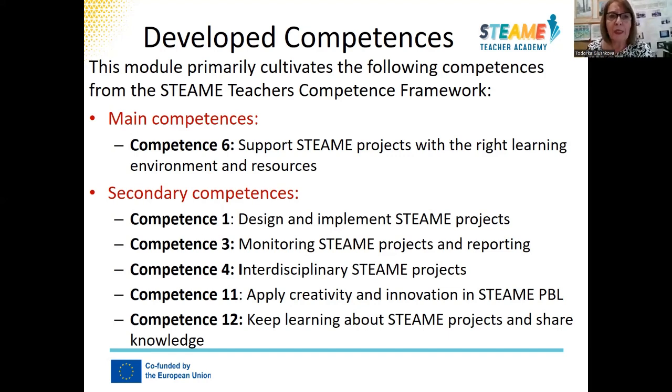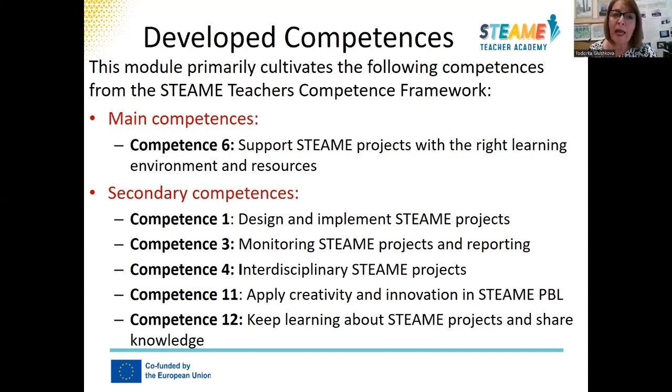This module preliminarily cultivates the following competences from the STEAME Teacher Competence Framework. We see that the main competence is competence 6, to support STEAME projects with the right learning environment and resources, and some secondary competences that are connected with the main competence. This is competence 1, design and implement STEAME projects.